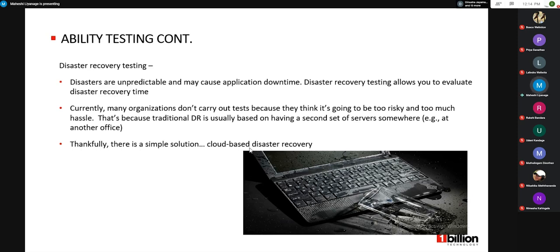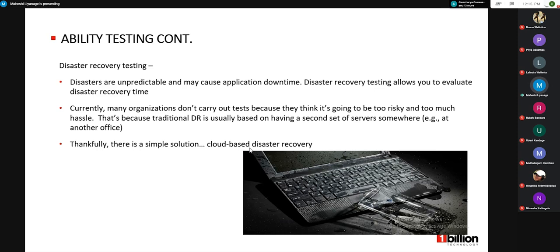So we have a simple solution for this, that is cloud-based disaster recovery. Using this cloud-based disaster recovery testing, we can ensure that the application will become available to users with minimum data loss and within a minimum time. And one of the key benefits of this testing is that you don't have to pay continuously to keep your own secondary facility reserved at your provider.